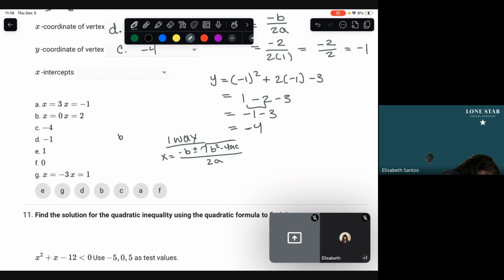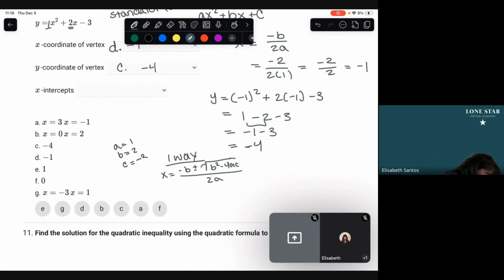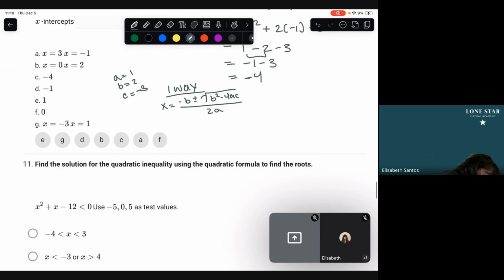So we already know what b equals. b is 2, a is 1, c is negative 3.